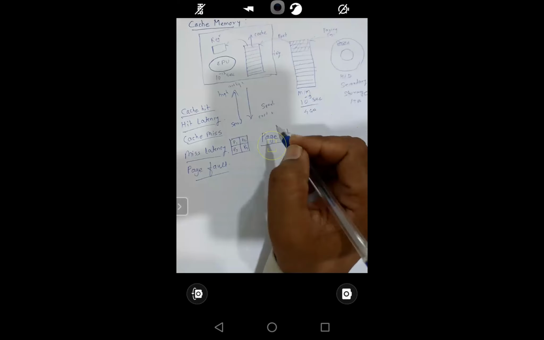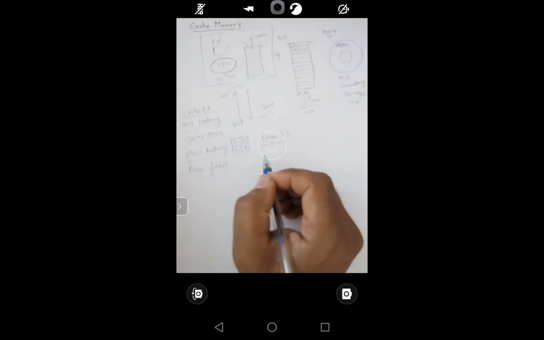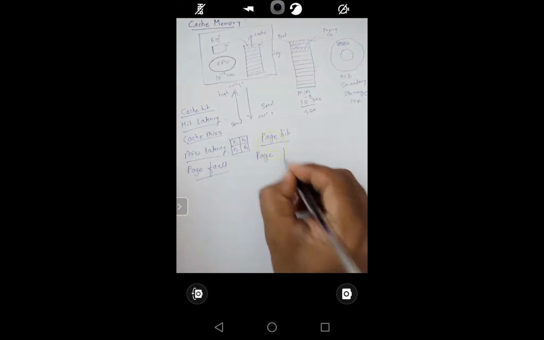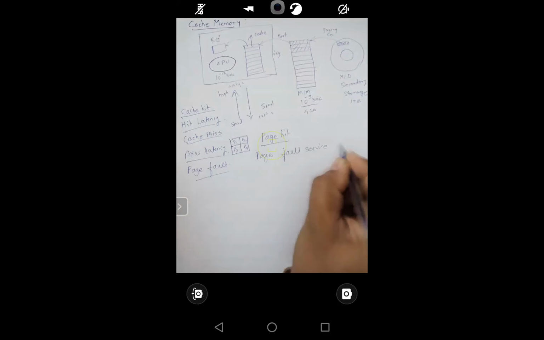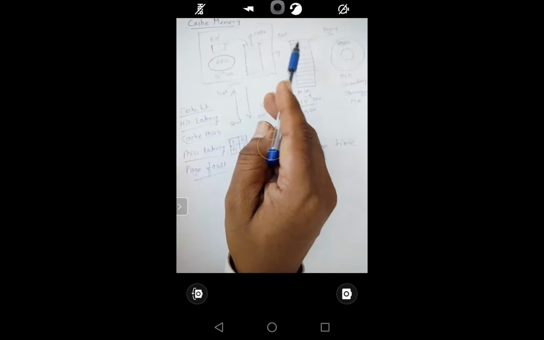Obviously, while doing all these things, some time is required. That is the page fault service time. As we have discussed, if the page is not available in the cache, then you look into the main memory through the page table.